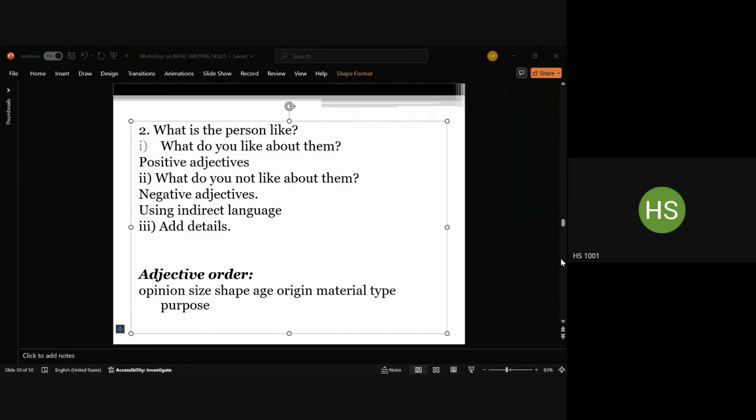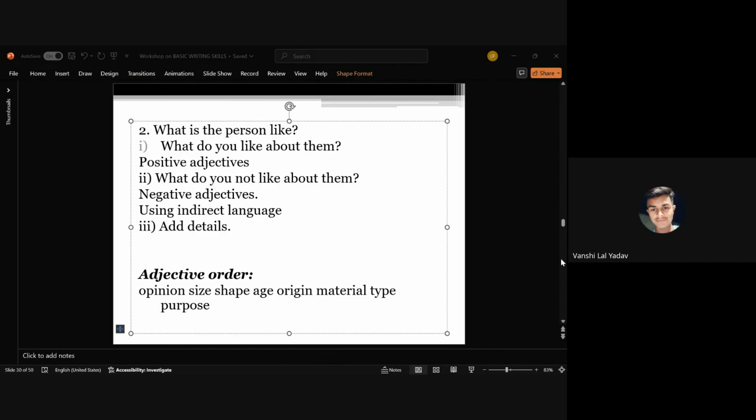So, what is beautiful? It's the opinion, and then followed by it in the order you have size. So, what word do you have for size here? Big, right? So it's beautiful, big, and then what follows after that?